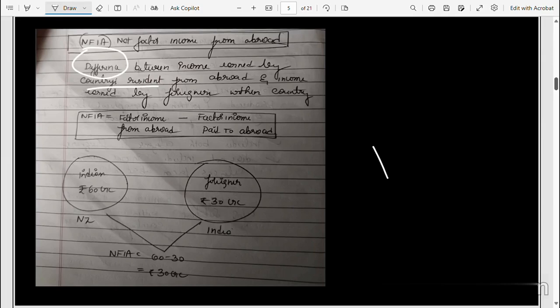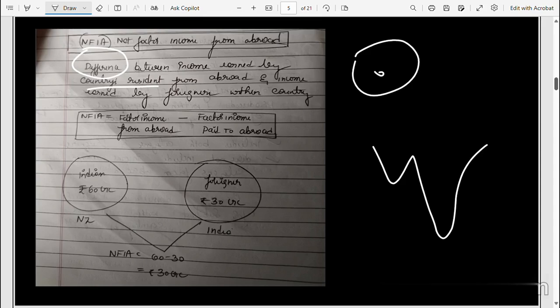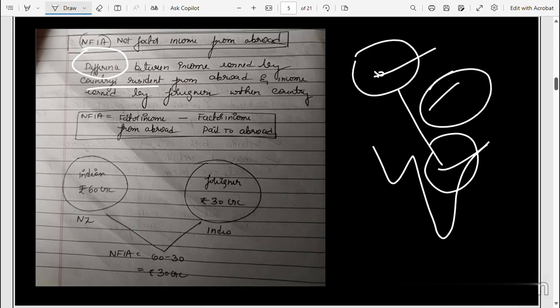As I told you, if this is India, the income of an Indian citizen working in Dubai, and the income of a foreigner from another country who is working in India, the difference between both is called the net factor income from abroad.